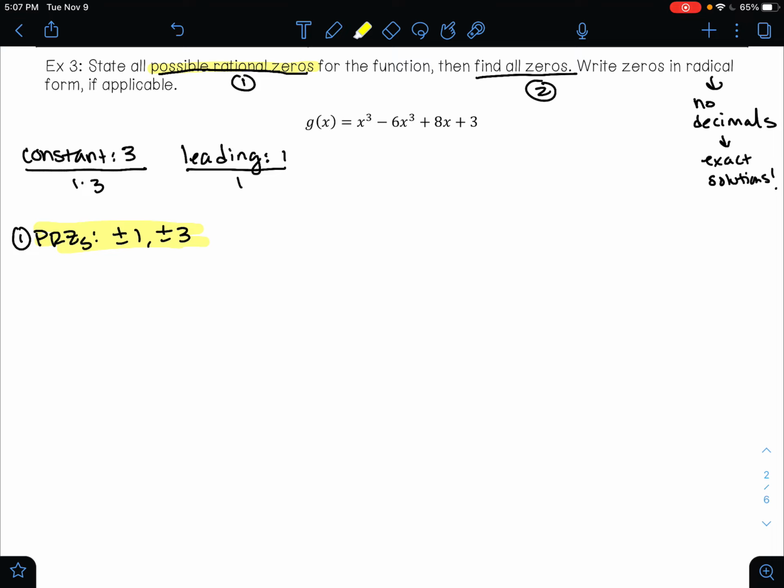From here, we want to find all of the zeros. Earlier in this unit, we learned that we can find zeros by looking at our graph and our table of values. So let's pull up Desmos. I know that I am going to have 3 solutions. Maybe I can find all 3 using Desmos.